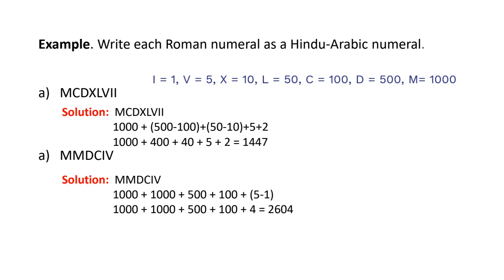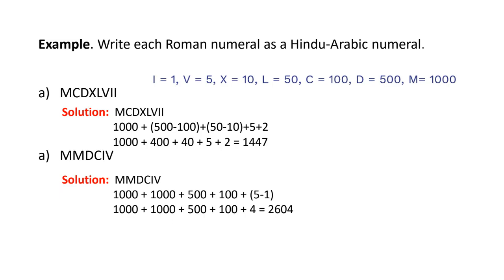Let's look at the next example. I labeled it as A as well, but that should be B. So example B, in a similar way, start on the left. You have M, which is 1,000, and then there's another M that is 1,000. So you start by adding those. And then there's a D, which is 500. That's fine. But before we add that, let's look at the one on the right. That's a C, which is smaller. So that means we're going to add the 500.